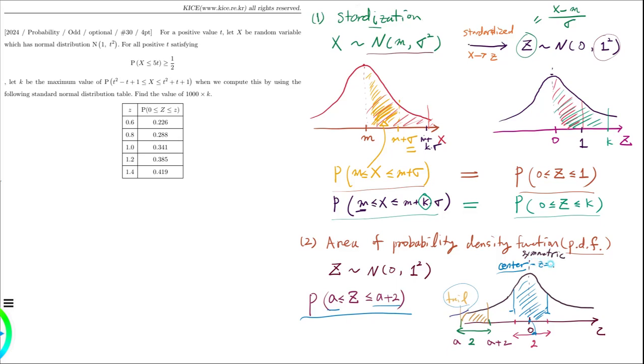Center is z equals 0 here. It's roughly, I said. The specific detail depends on the given conditions. Okay?